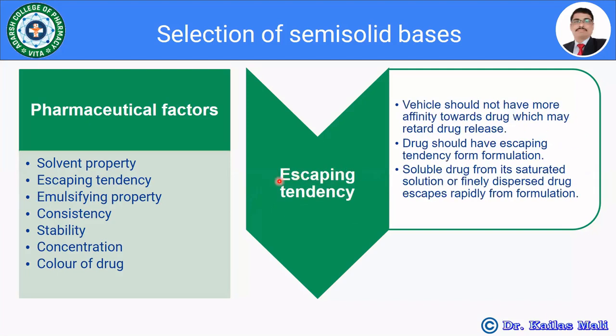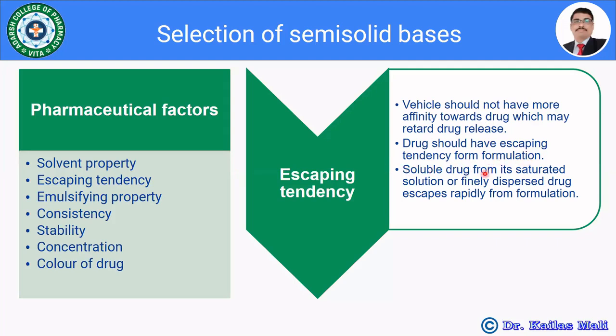Then the escaping tendency: the vehicle should not have more affinity towards the drug. Whatever the vehicle is, it should have the ability to dissolve the drug. But if it has a high affinity towards the drug, what will happen? It may retard the drug. So the drug should have an escaping tendency from the formulation.